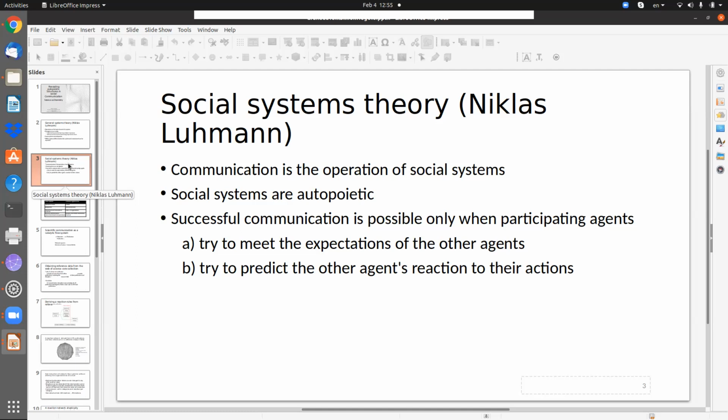And in order to have successful communication, meaning communication that contributes to the autopoiesis of a system, we can only have that when the communicating agents try to meet the expectations of the other agents, or try to predict the other agents' reaction to their actions.